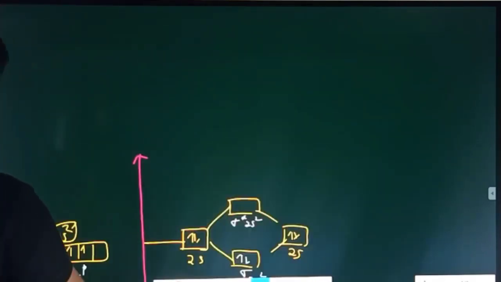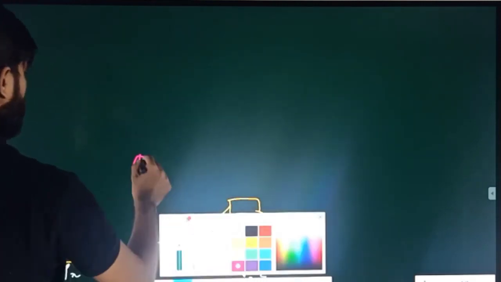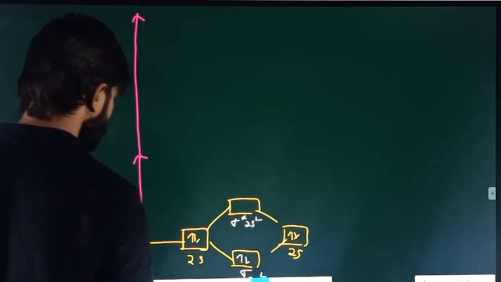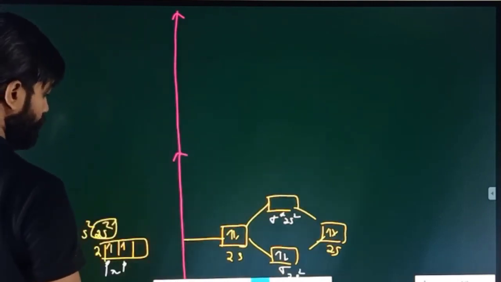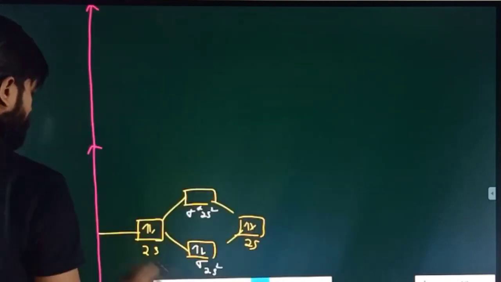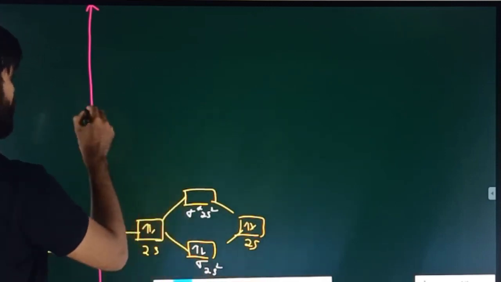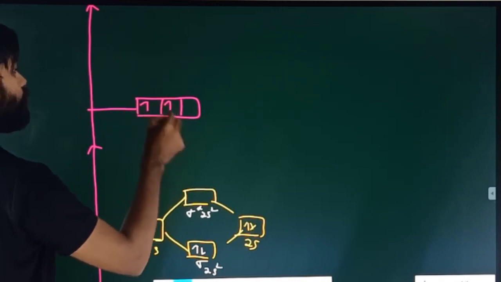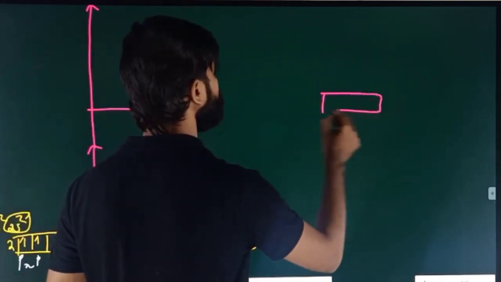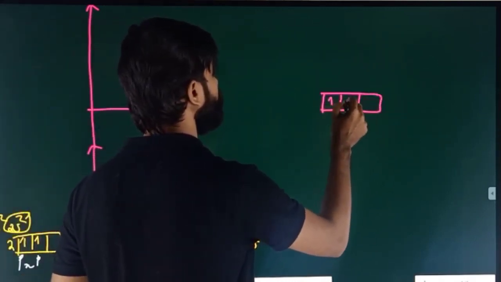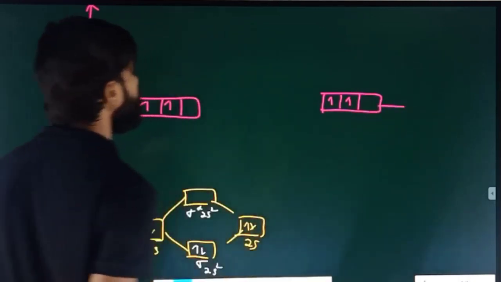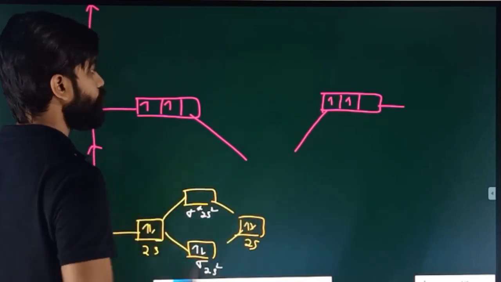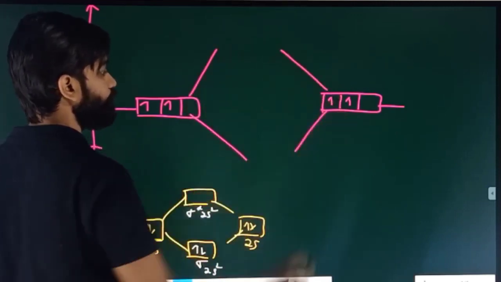Consider the p orbitals. Let me extend this. There are actually 3 p orbitals, where the electrons are arranged like this. Here also 3 p orbitals. They form a lower energy orbital and a higher energy orbital.